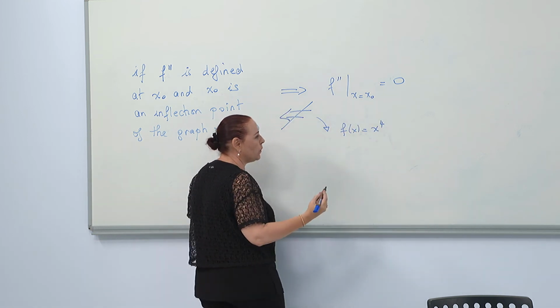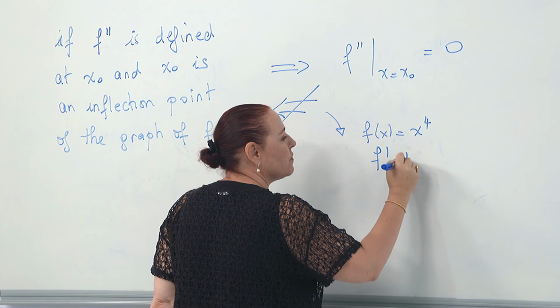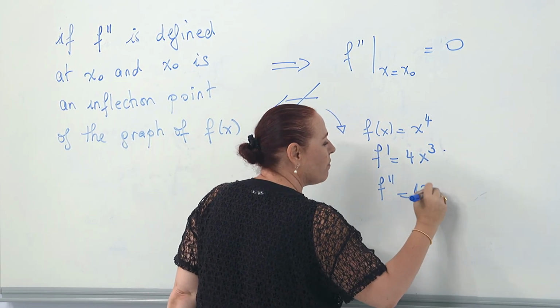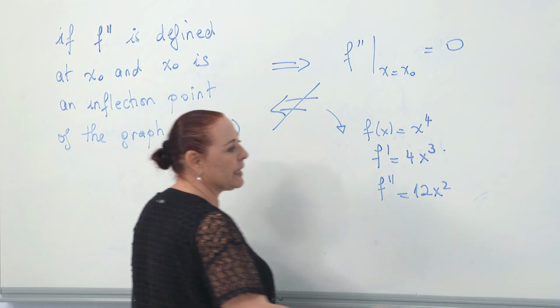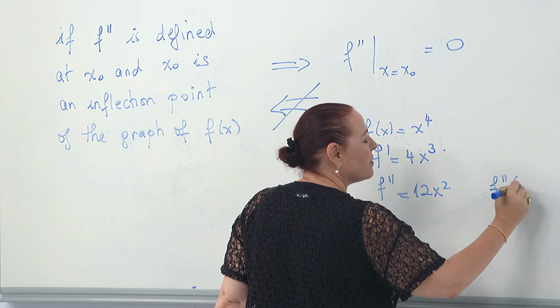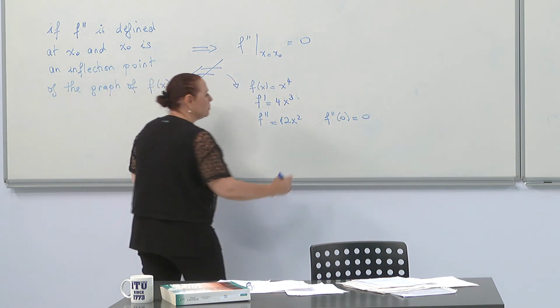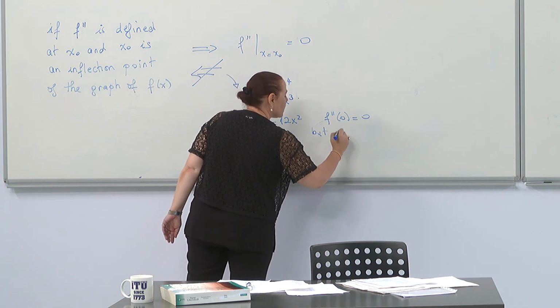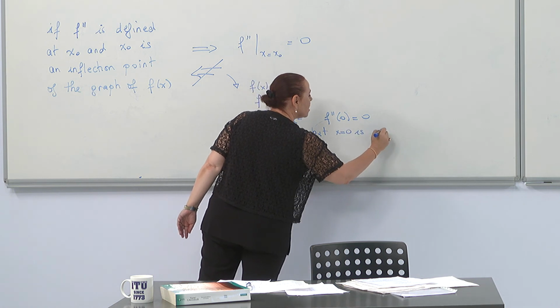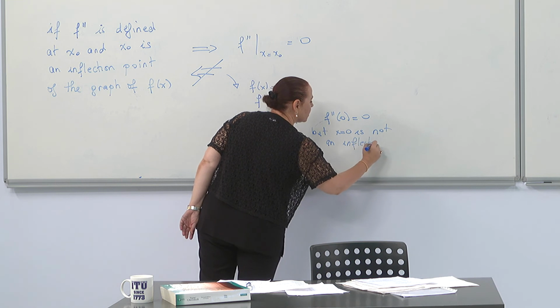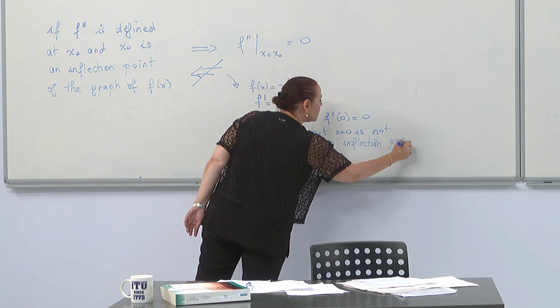Let me give you a very simple example: x to the power 4. The first derivative is 4x cubed. The second derivative is 12x squared. It's clear that the second derivative at 0 is 0, but x equals 0 is not an inflection point. Why is that?